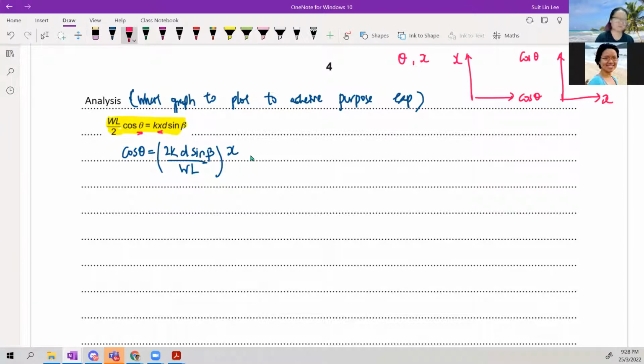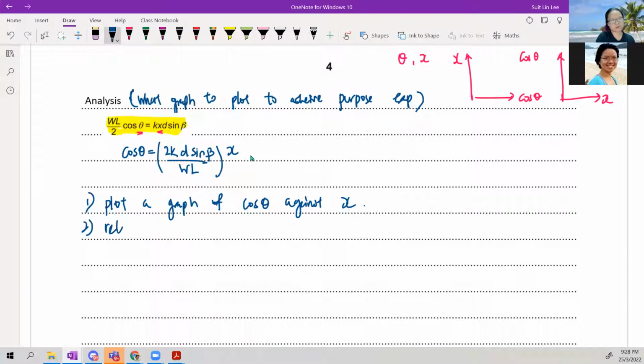Are they very picky about this? Not really. No. As long as it's a straight line. So I am committed, I already arranged. So I can then say, number 1, plot a graph of cos theta against x.